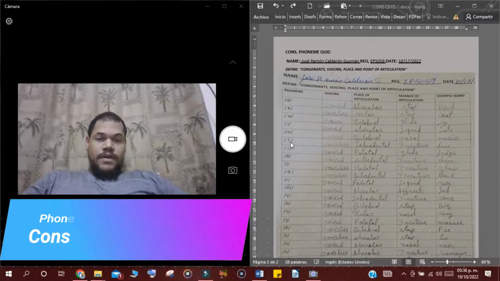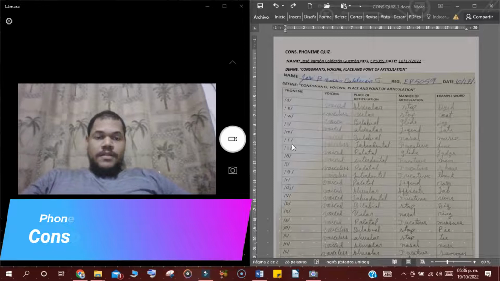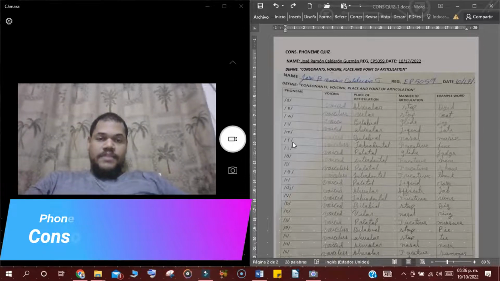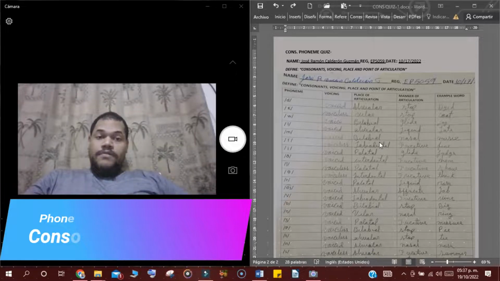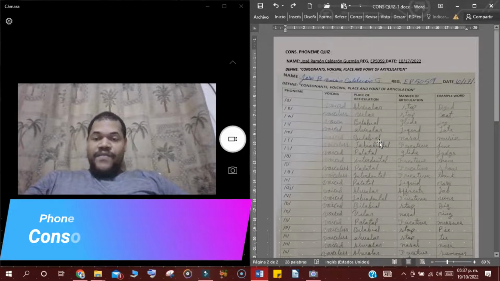Let's continue. We have here the phoneme represented by the letter F. That one is voiceless, according to whether the vocal cords vibrate or not. It is labiodental. What does labiodental mean? It means that the upper teeth go against the lower lip, like this. According to the manner of articulation, it is a fricative. What does that mean?